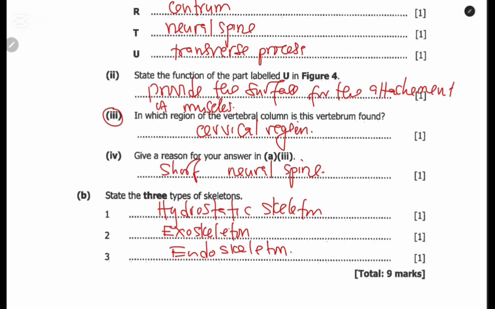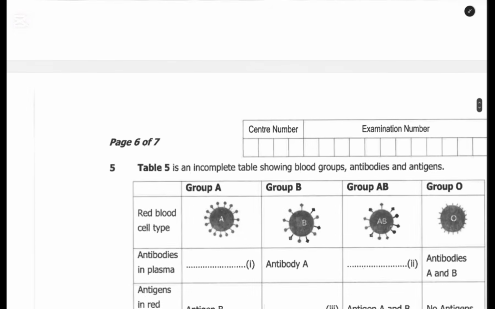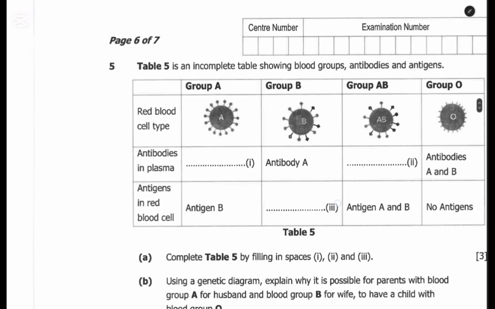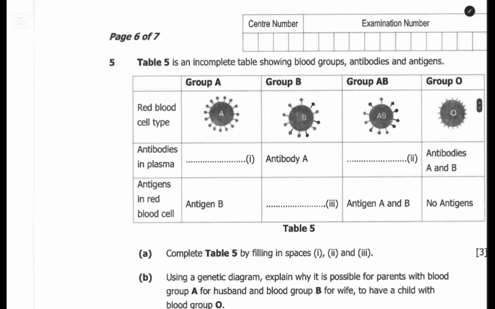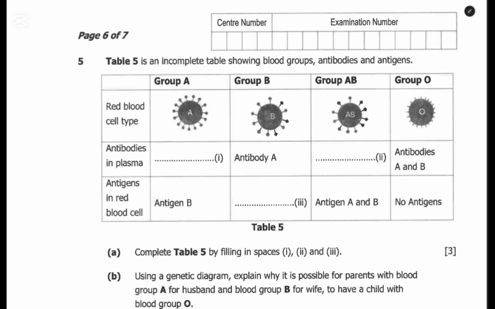All right, so this brings us to the end of this question, and of course we are up to question 5. Question 5, as always, is on genetics. Table 5 is an incomplete table showing blood group, antibodies and antigens.